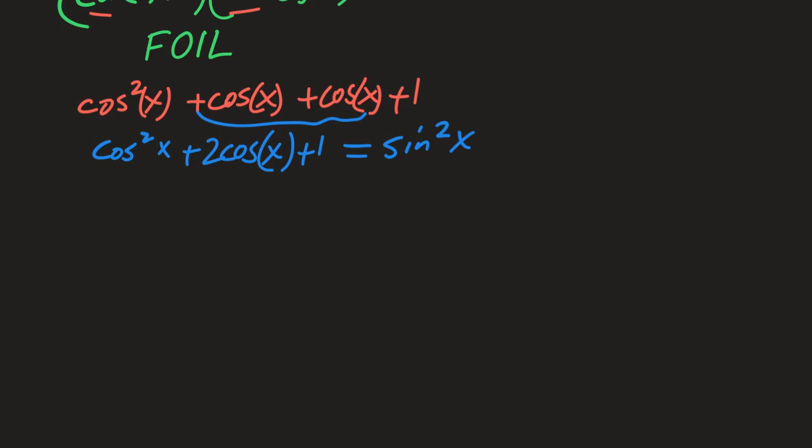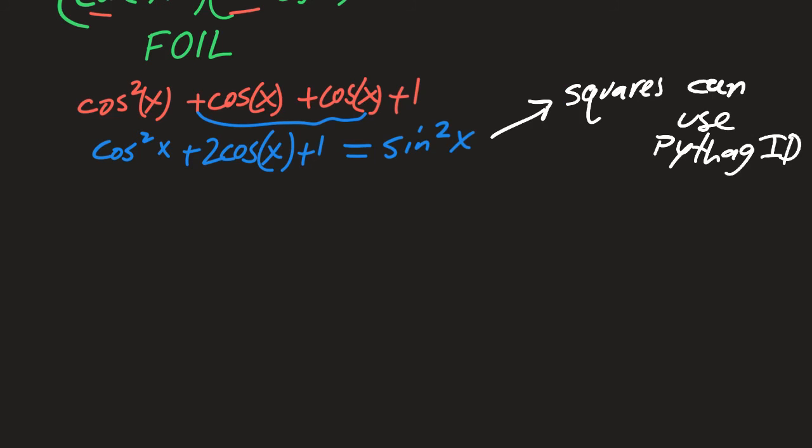And again, once I've got these as squares, I can use the Pythagorean identity to help me. And the basic Pythagorean identity that we've used a lot by this point is sine squared plus cosine squared equals 1. All right, so let's just get one of these by itself. I'm going to go ahead and get sine by itself since it's already on one side. So let's move over this cosine squared x.